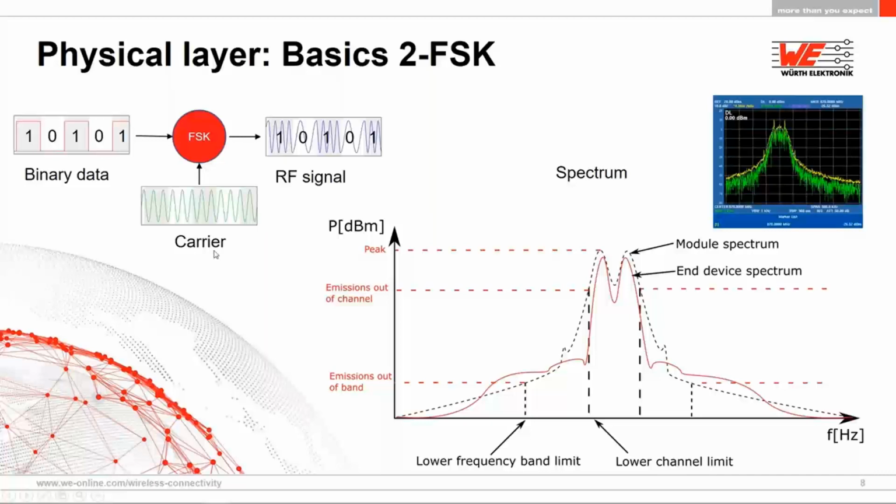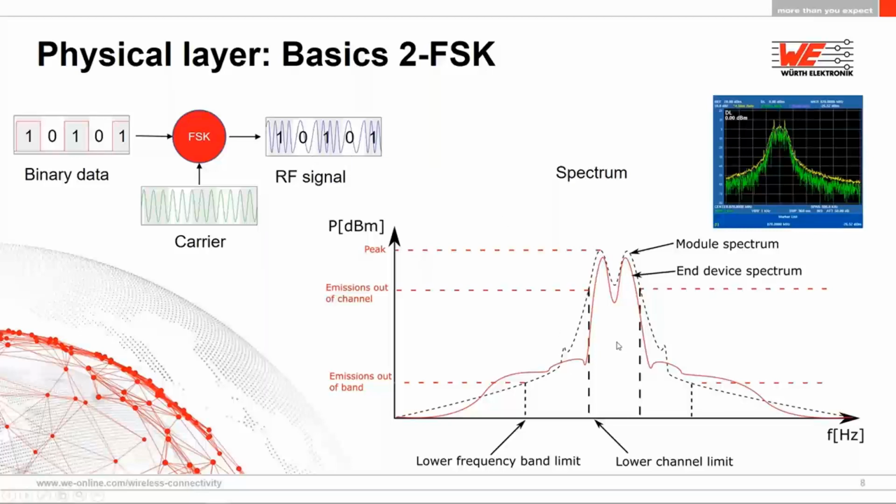Now, the carrier frequency invariably is either 868 megahertz or 2.4 gigahertz, and this gets modulated with the actual binary data. In this case, we have a simple system, which is 2FSK. In other words, a frequency shift keying with two positions, one up and one down, and the RF signal would have two frequency components depending on the data, the zeros and ones.